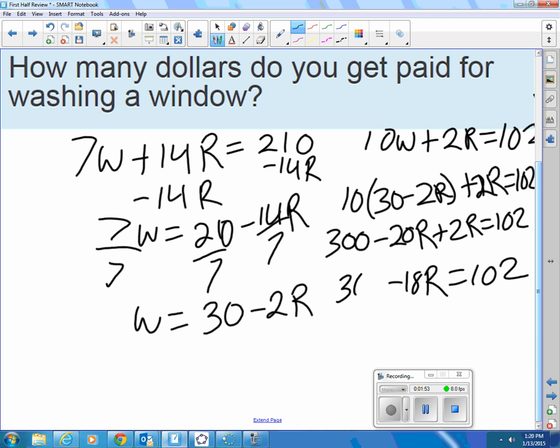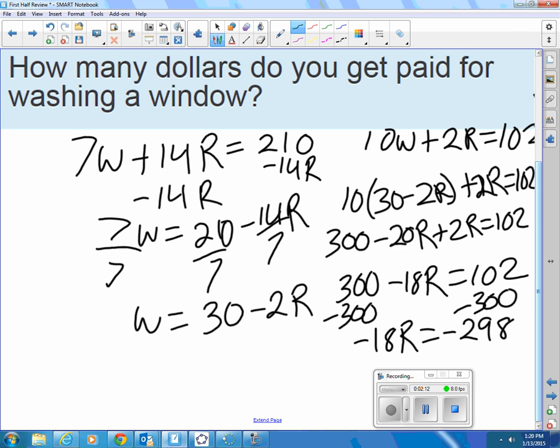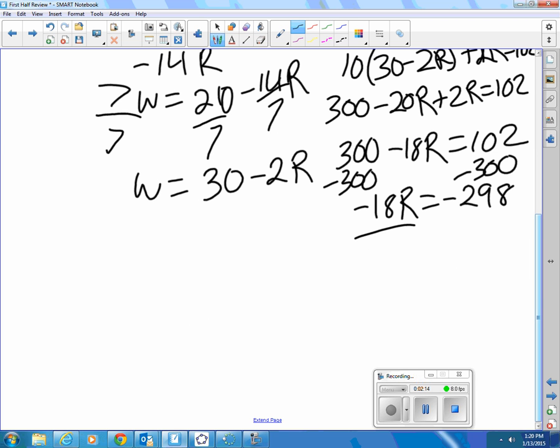And then I still have the 300. But if I subtract 300 from each side, then I'll have the negative 18R all by itself. So negative 18R equals negative 298 divided by negative 18.